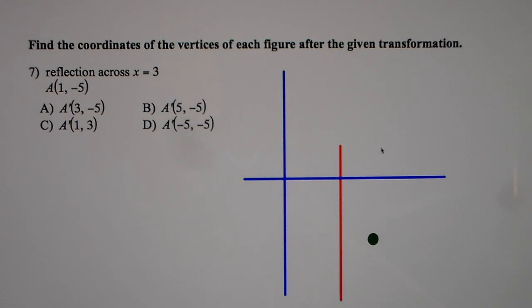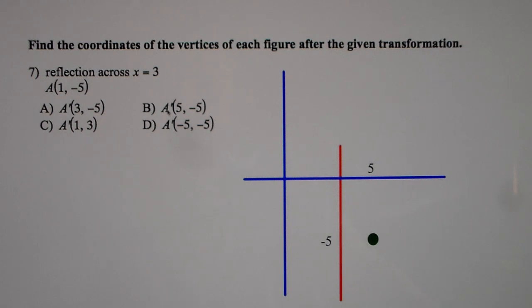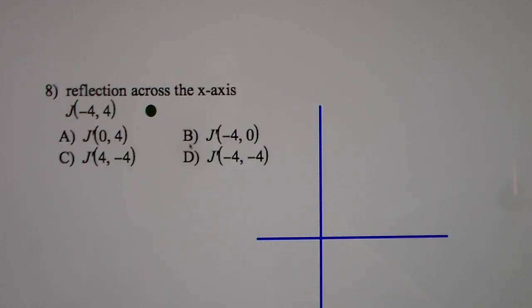So our point is 5 to the right. And since it didn't go up and down, it stays at -5 as far as the height. So our answer is going to be 5 to the right, 5 down, so (5, -5), which will be B for number 7. Let's try another one.